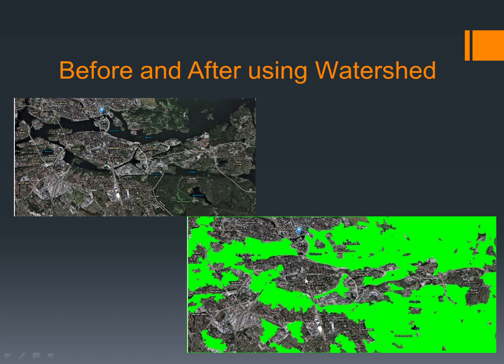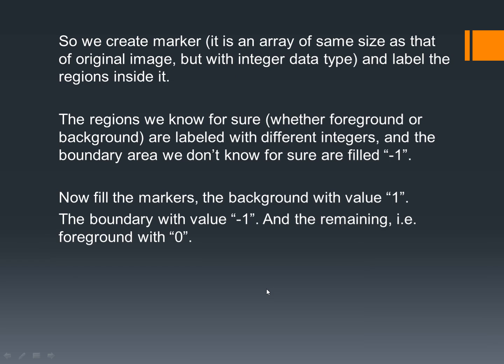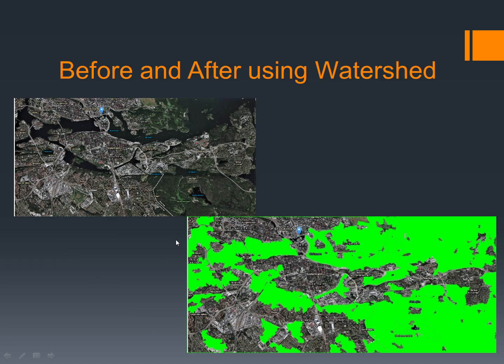These values are 1, and that is a boundary, that's value -1, and these values which you can see are the foreground, so this value is 0.